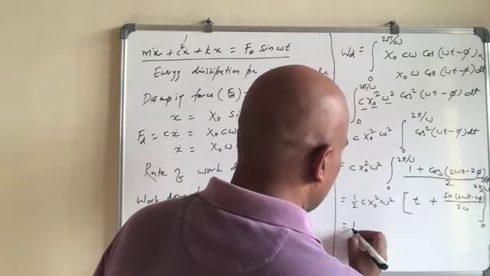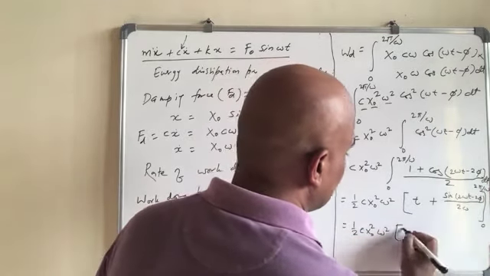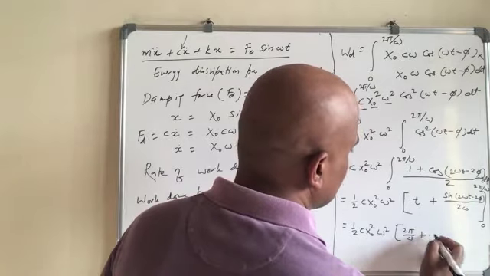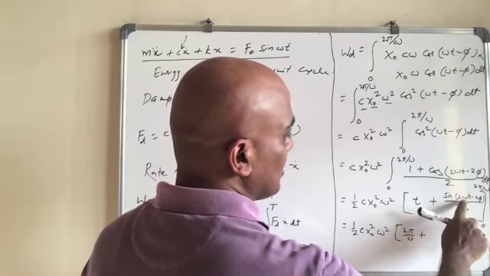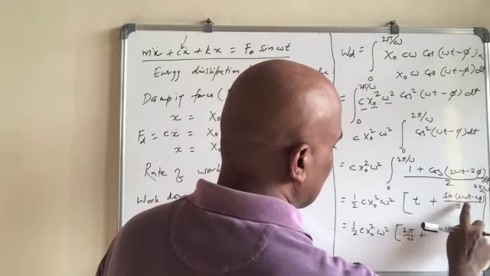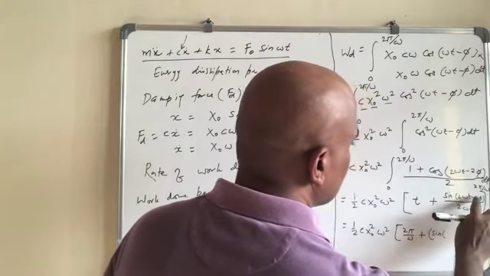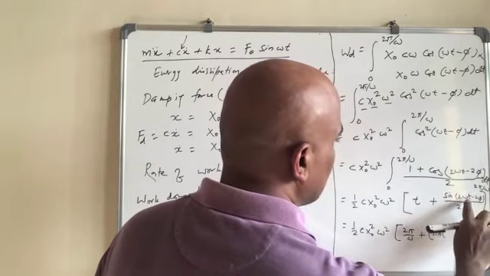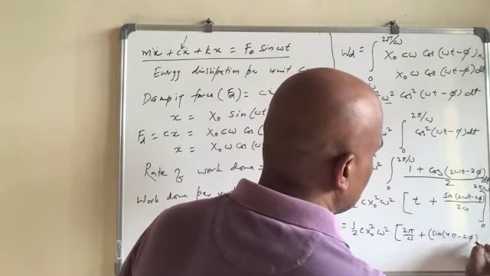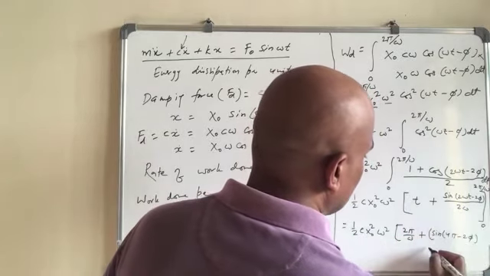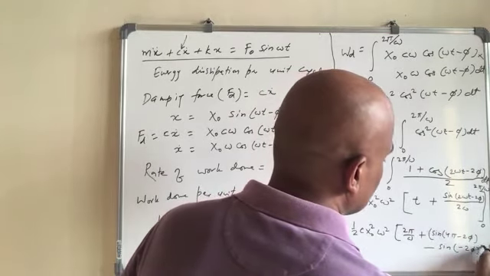Equal to half c x naught square omega square, and then from here we get 2 pi over omega plus, and if we put the value, what will the value be? The value will be sine, and then put omega here, that will be 4 pi basically, so 4 pi minus 2 phi minus sine of minus 2 phi.